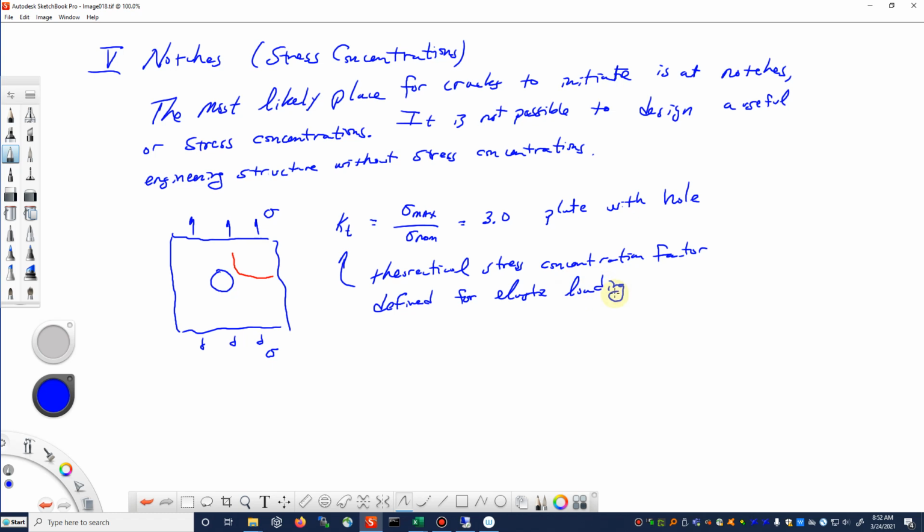Of course, when the stress is high locally, it's also easier to exceed the local elastic limit, and you could have yielding in that spot where that stress concentration factor is.